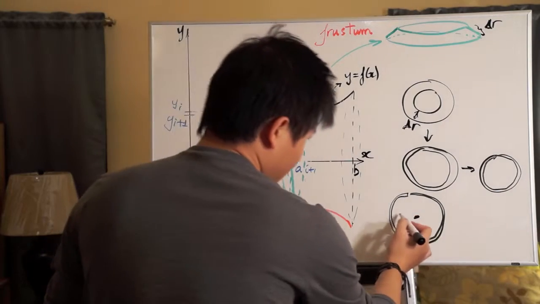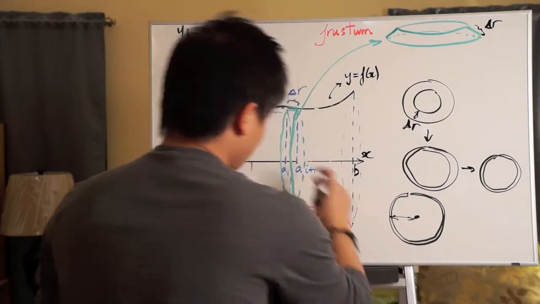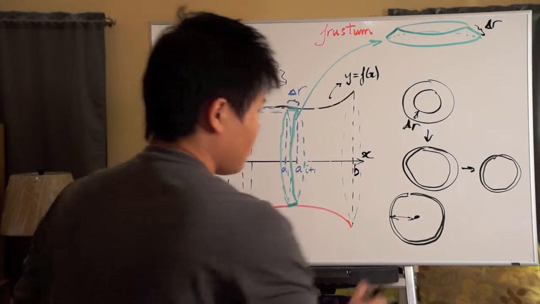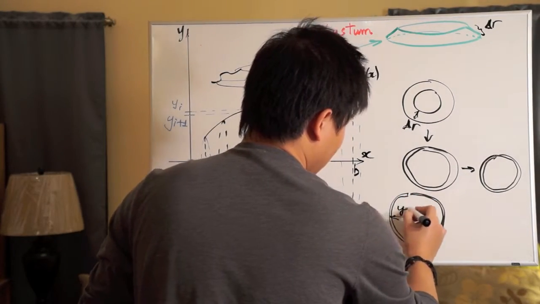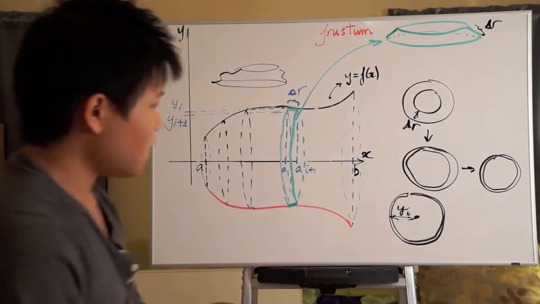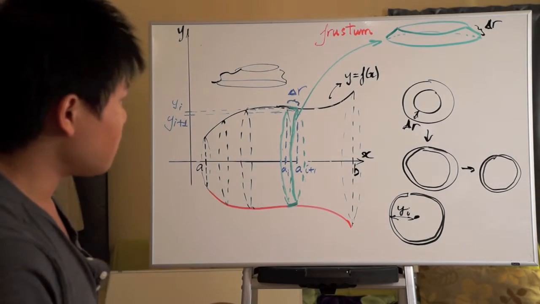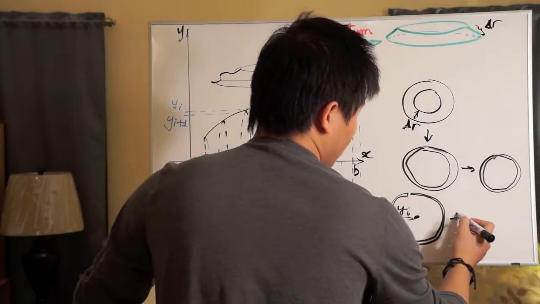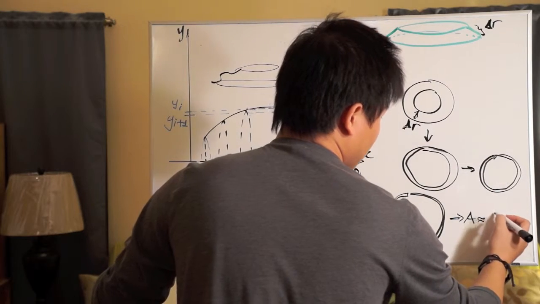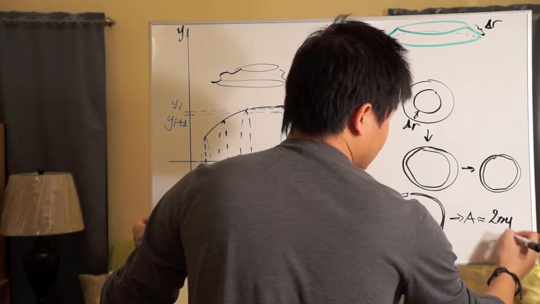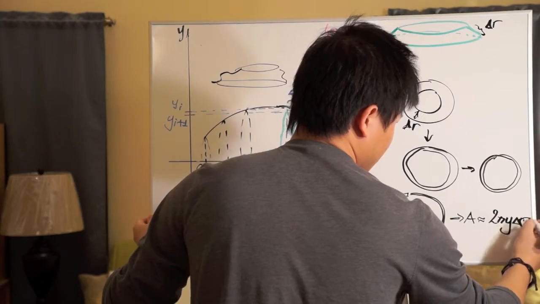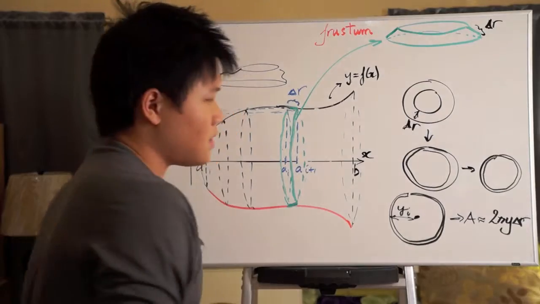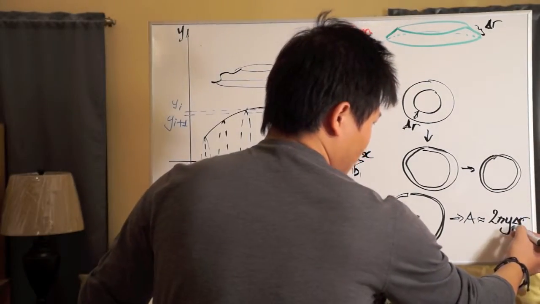We pick a center right here, and in the top view this distance will be y, some y sub i value. So we have a general form. When this frustum gets really small, the area is almost equal to 2 pi y times delta r. Area equals 2 pi times y times delta r, where y is some value y sub i.